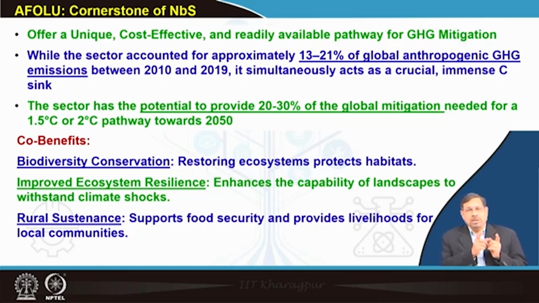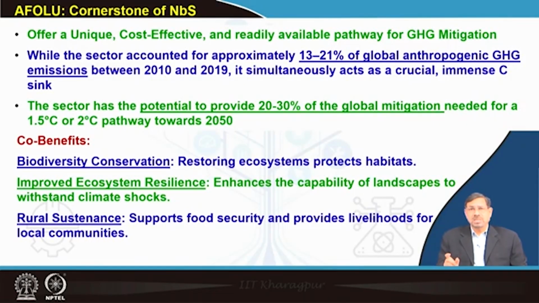So, 13 to 21% of the global anthropogenic greenhouse gas emissions already comes from this sector, as we have seen. But in terms of potential, it can contribute to the global mitigation to the tune of 20 to 30%. So we have a plus.